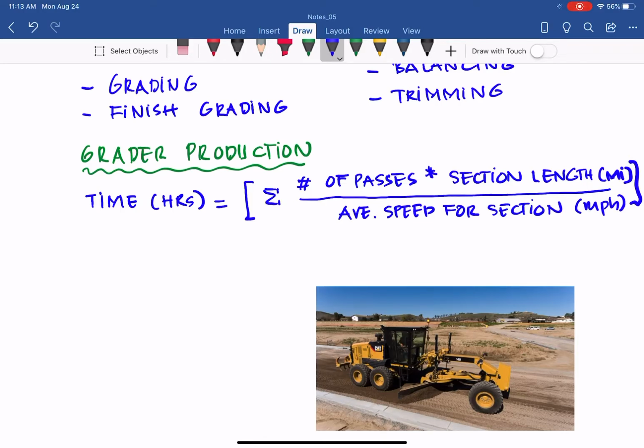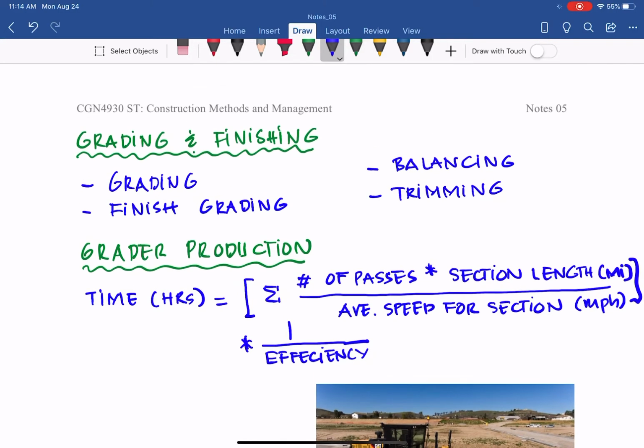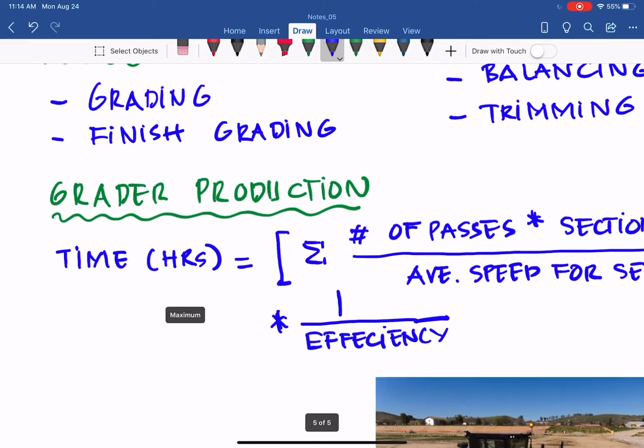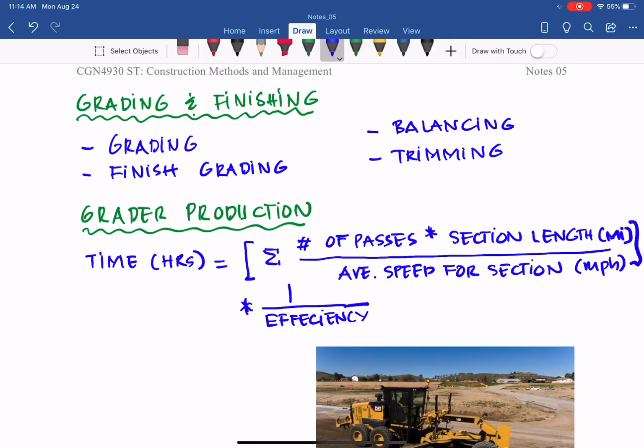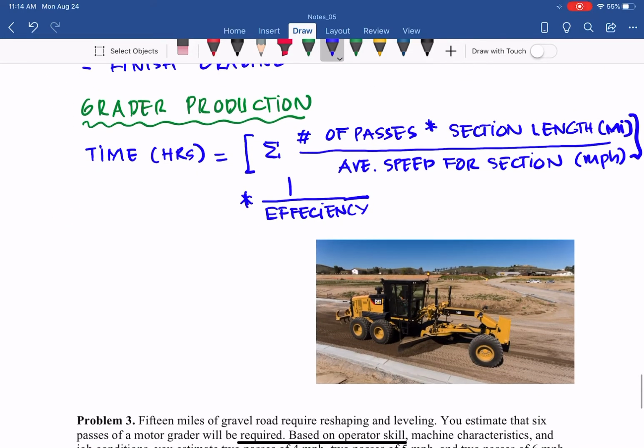And of course we account for the efficiency, in this case multiplying by 1 over efficiency. The question becomes why, normally we multiply by efficiency because that is production, but here we determine the time, so we have to divide by the efficiency, not multiply.